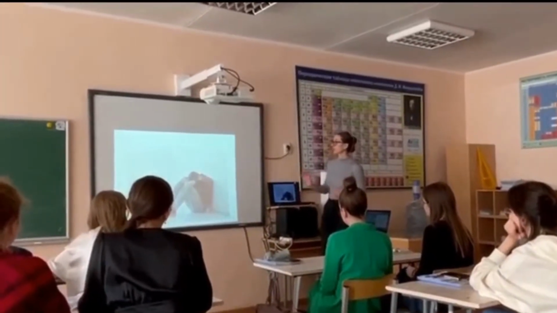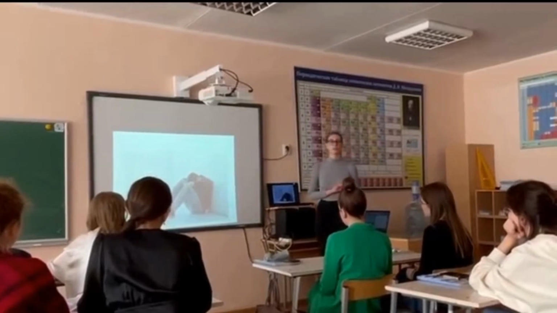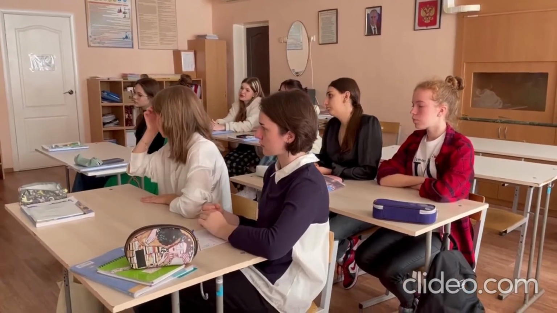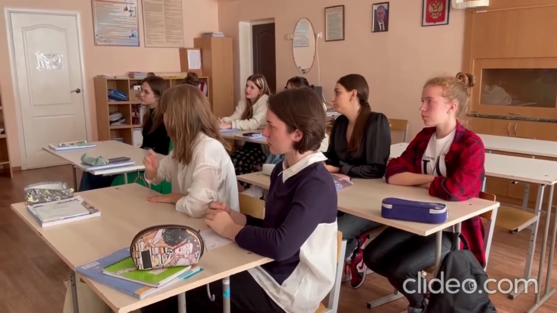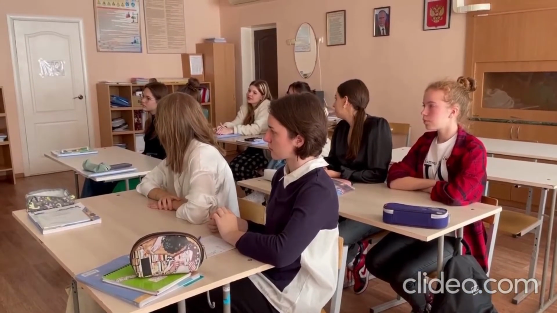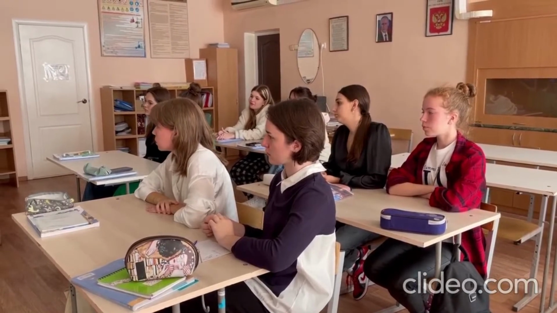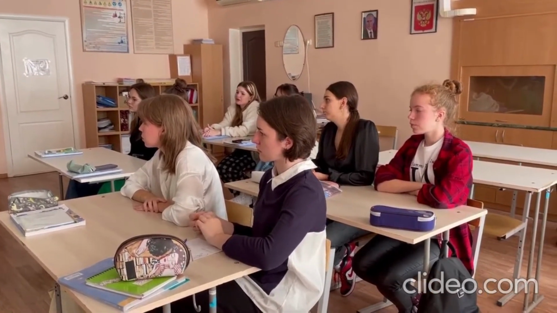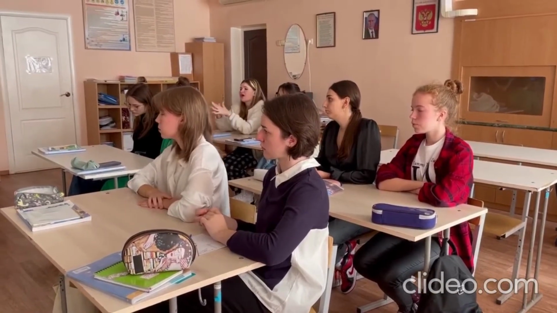Okay, this picture. What can we see in this picture? Uda, you're welcome. So in this picture we can see a boy. Just a little bit louder. Okay, in this picture we can see a boy. He looks so tired and so, I don't know.